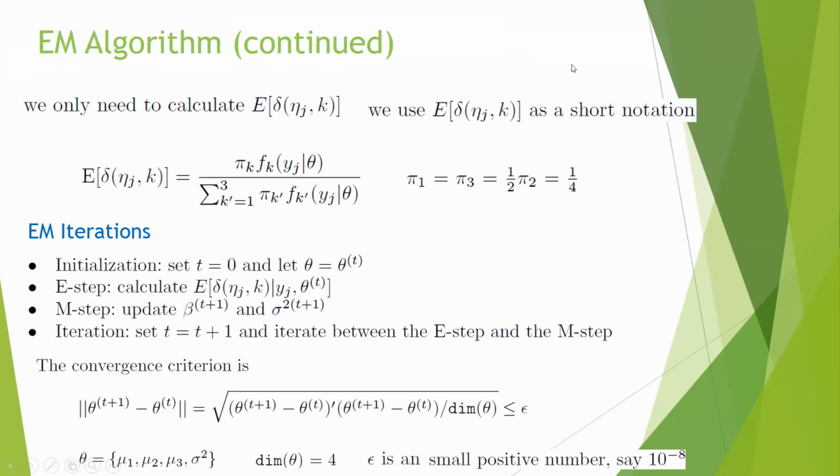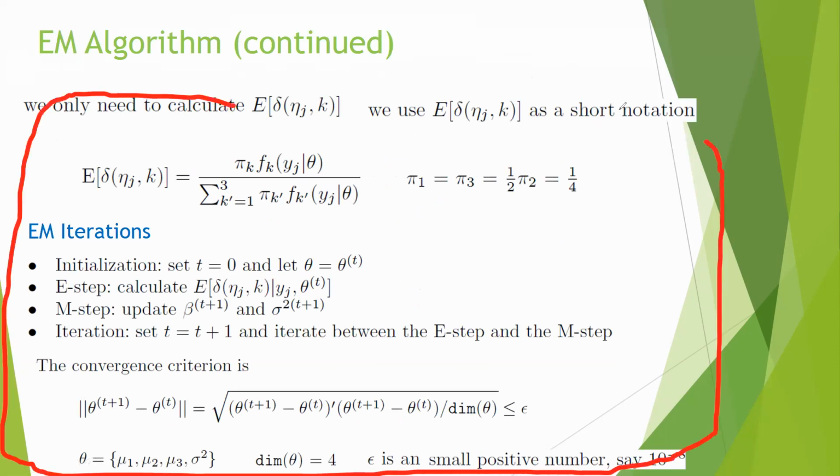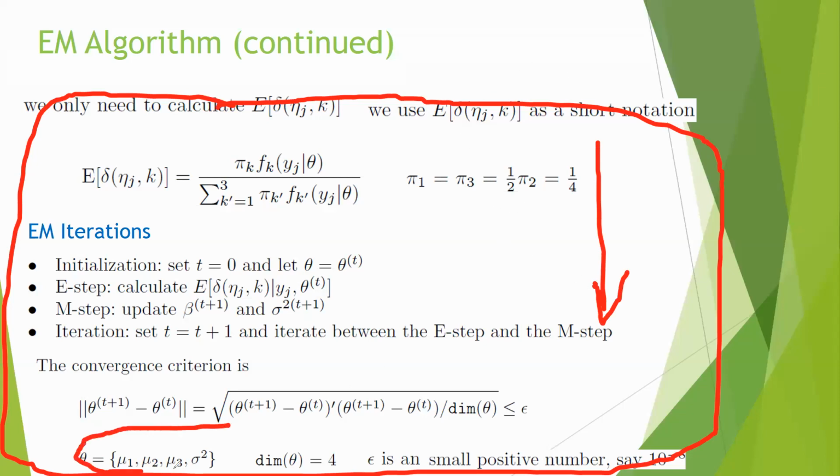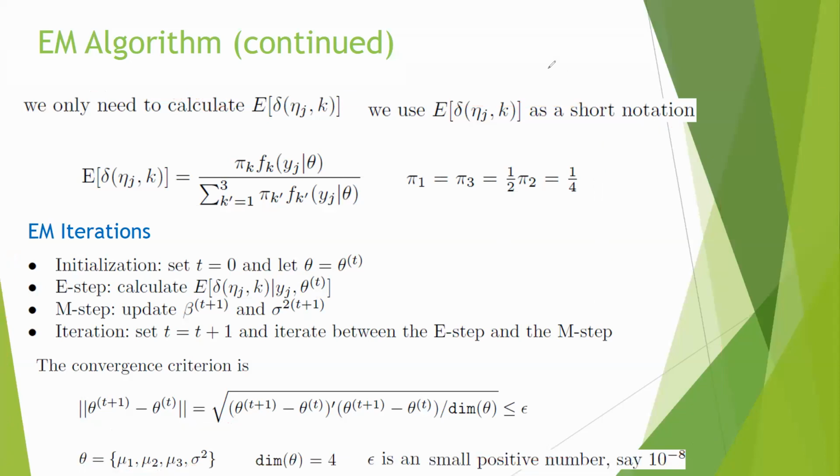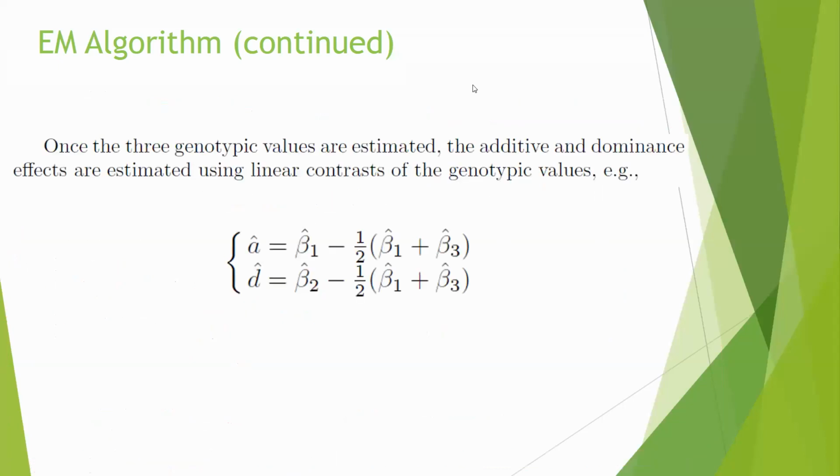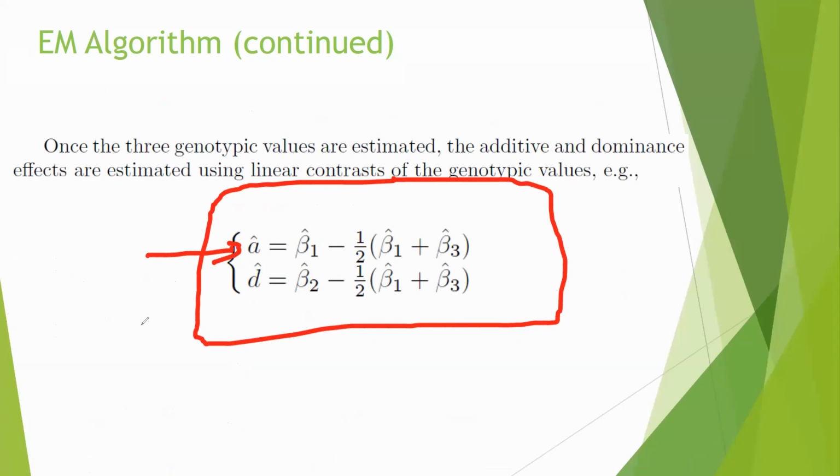Okay, so these are the steps we need to use for the EM algorithm. When you run the code I provided, you can see clearly that I just follow the steps to implement this iterative EM algorithm. All right. Once we got this, we can immediately calculate the additive effects and the dominance effects.